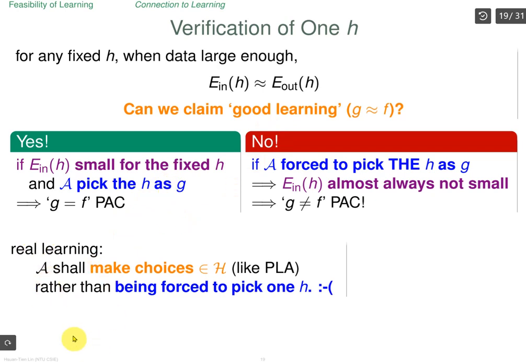So in real learning, the algorithm should make choices in a very big pool of hypotheses, rather than being forced to pick one fixed h function. So we can call this not learning, but verification of one fixed hypothesis using Hoeffding's inequality.